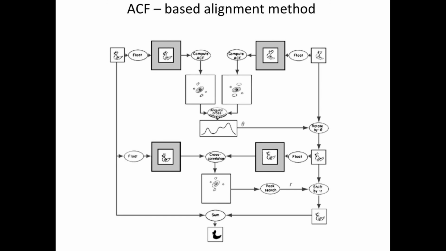Then you go on with the cross correlation. And there's only one thing wrong with this, which is that 2 images that are rotated by 180 degrees have the same autocorrelation function. So in this scheme, we have to interrogate. We have to do it twice.